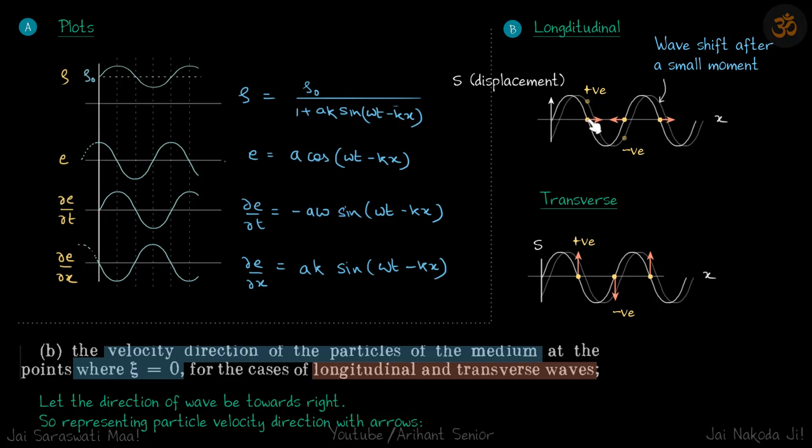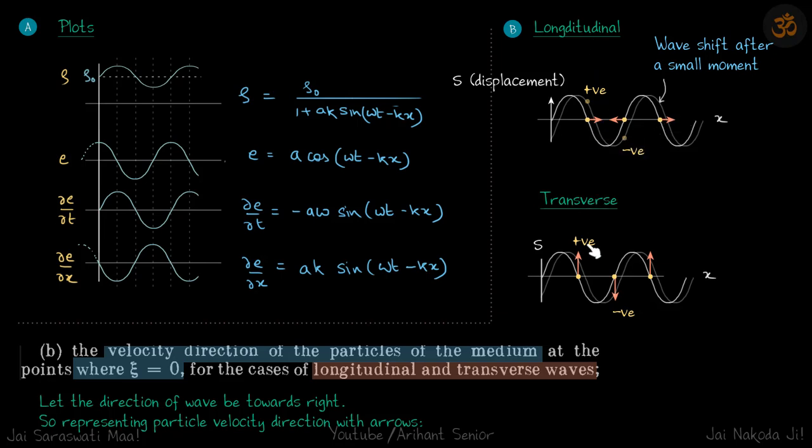You can see that just after a moment the displacement is positive. That means the particle must have been traveling towards right, because we have taken right side as positive, since it's a longitudinal wave. If you see this particle, just after this moment its displacement is negative, which means it must have been traveling in the negative x direction. Again this particle must have been traveling in the positive x direction. So this is the case of longitudinal waves.